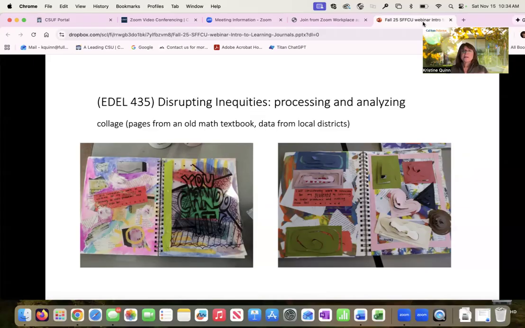And then the assignment was to think about how we were going to disrupt those inequities, because quite often our test scores, especially in math, are due to inequities in our curriculum. So as student teachers, they were to look at that and say, what is my role and how can I provide a different approach? How can I meet the needs of students in different ways? How can I disrupt the inequities? And you can see some pages there. Again, it's not about creating pretty.